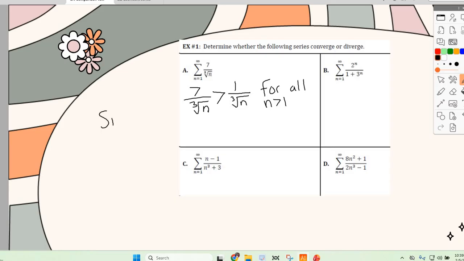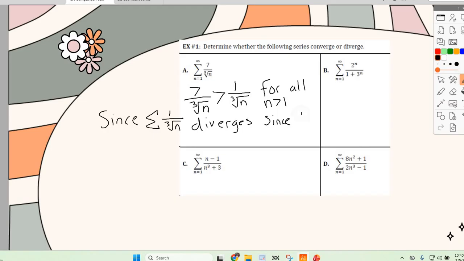So then we can say since the sum of 1 over the cubed root of n diverges, since we said that we used our what for that one? P-series, right?